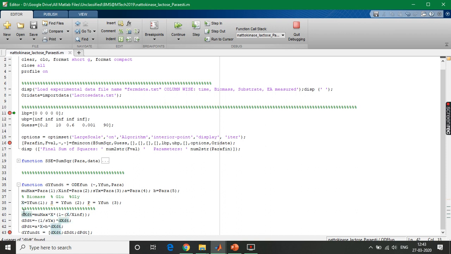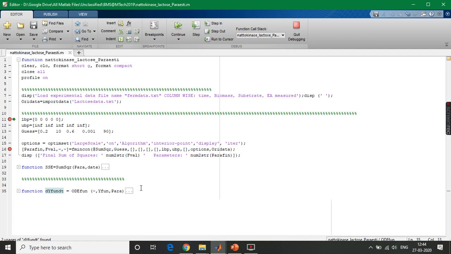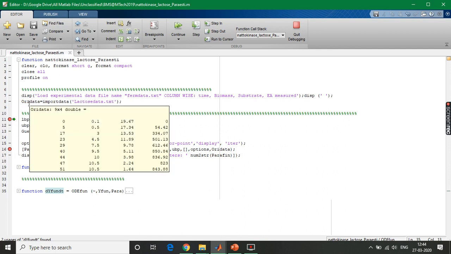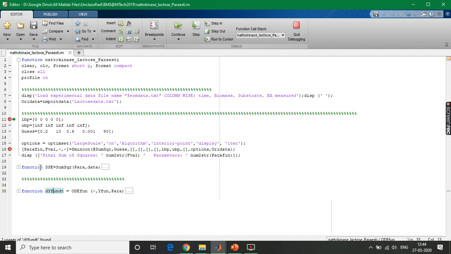So essentially there are three different things we should come to know here: biomass, substrate, and product. So this is the differential equation. This is the differential function actually, which is normally used for ODE solver. Essentially I'll show you how we are moving. So now at this moment we know what is our original data point, and then with our data we know there are 5 different unknown parameters.